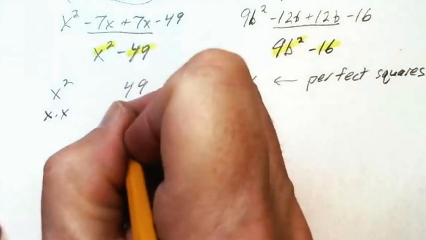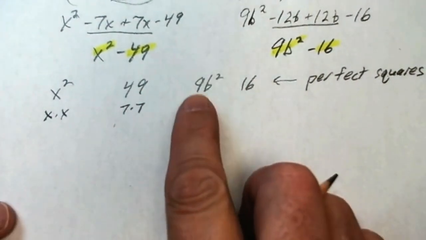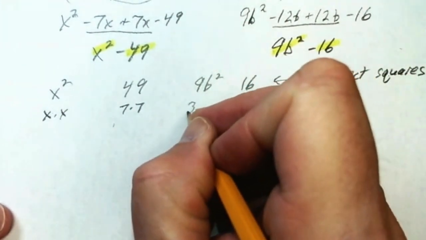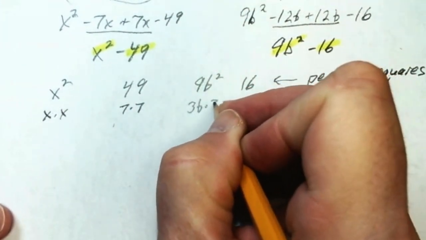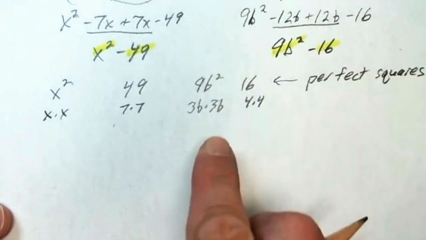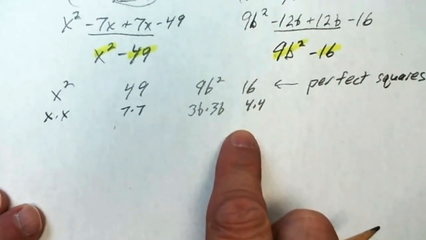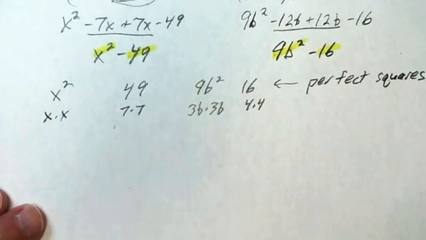We can get this by 7 times 7. 9b squared is 3b times 3b. 16 is 4 times 4. They're all perfect squares. We can multiply something times itself to get each of these terms.